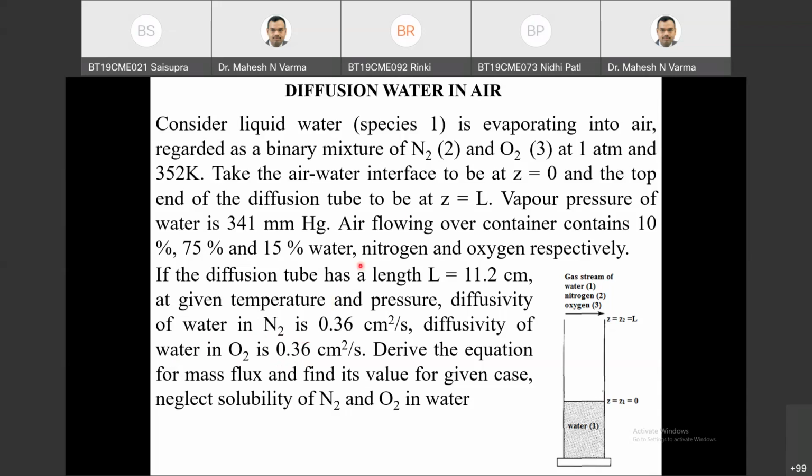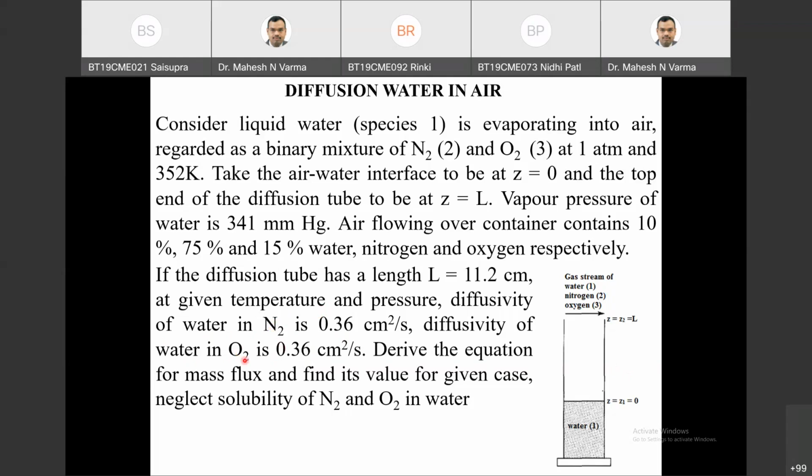So I can consider nitrogen and oxygen as one species, and you can call it air. One will be water, and you can call the second species air, because the water diffusivity in nitrogen and in oxygen are the same.